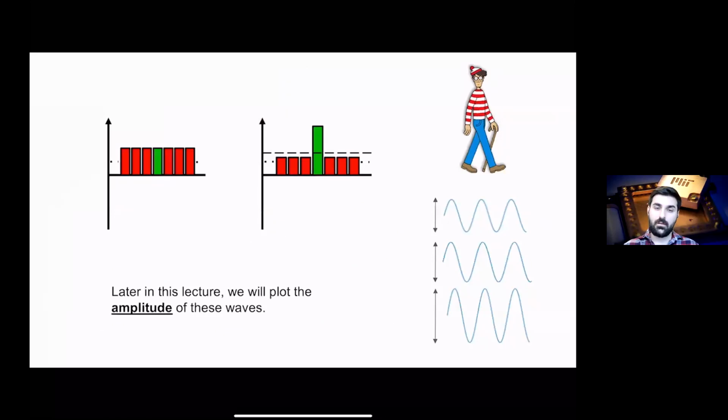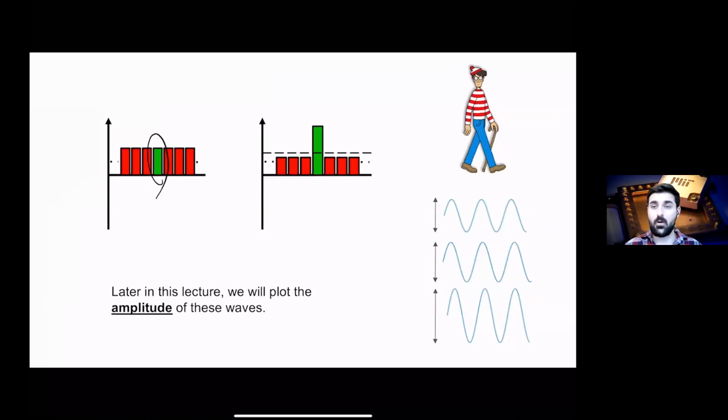Now, of course, later on in the lecture, we will plot the amplitude of these waves. And again, the way that we do it is using these probability amplitude plots. So let's say the green in the plot here is the correct answer, and everything else is an incorrect answer.